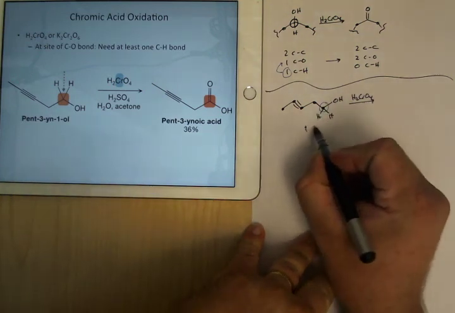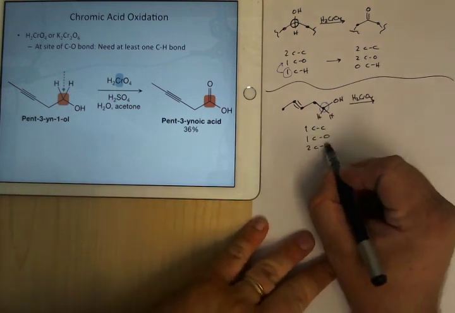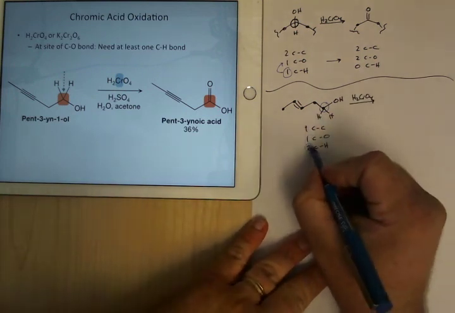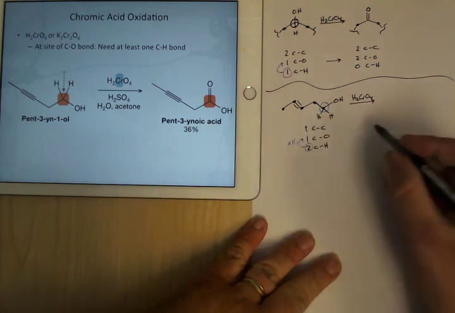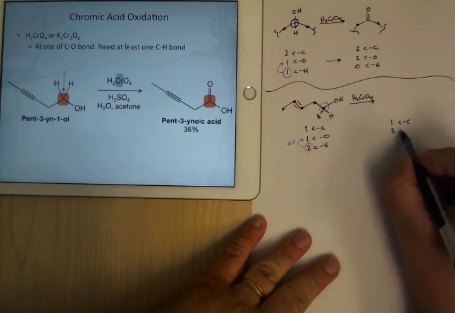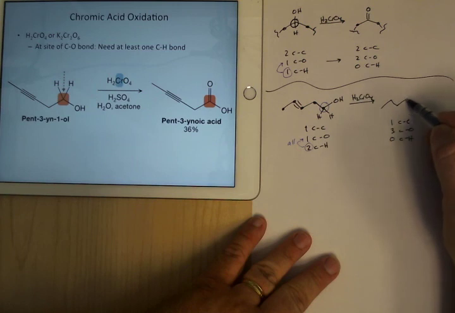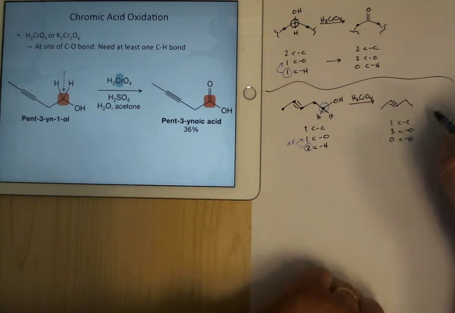It has 1 CC bond, 1 CO bond, and 2 CH bonds. With chromic acid, we're going to convert all of them up. Our product is still going to maintain that 1 CC bond, but now we're going to have 3 CO bonds and 0 CH bonds. So how do we get 3 CO bonds on a carbon? Make that into a carboxylic acid.